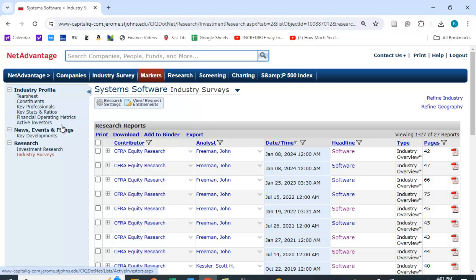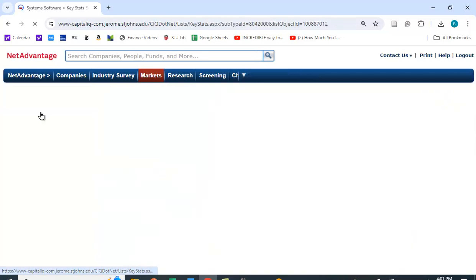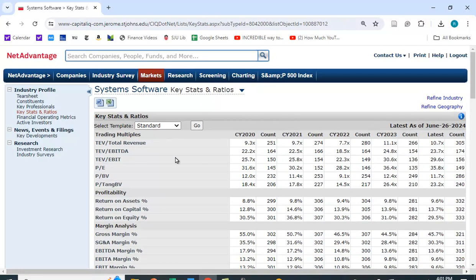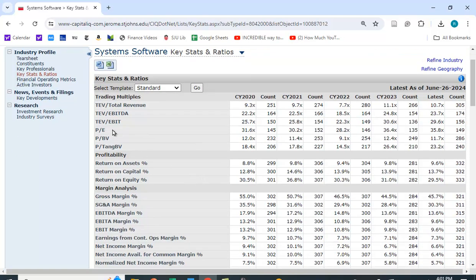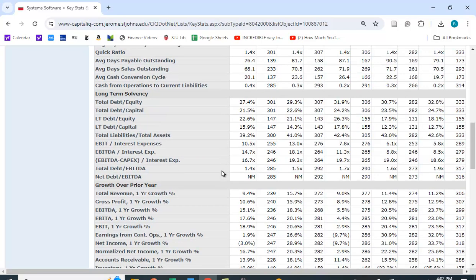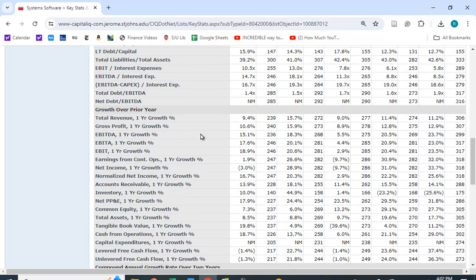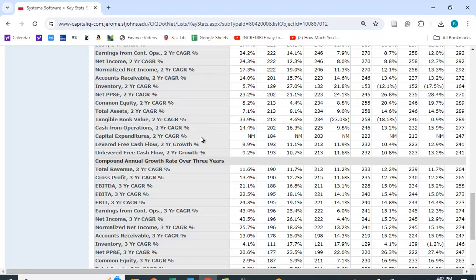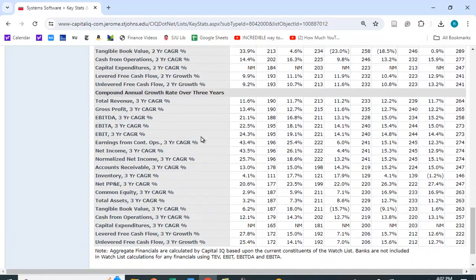You can also get key stats and ratios for the industry. So this can be really useful because this is much harder to find. So you can find things like the price-earnings ratio for the industry, the price-to-book value, return on assets, return on capital, and a bunch of other financial ratios, growth rates. So this is really useful stuff.